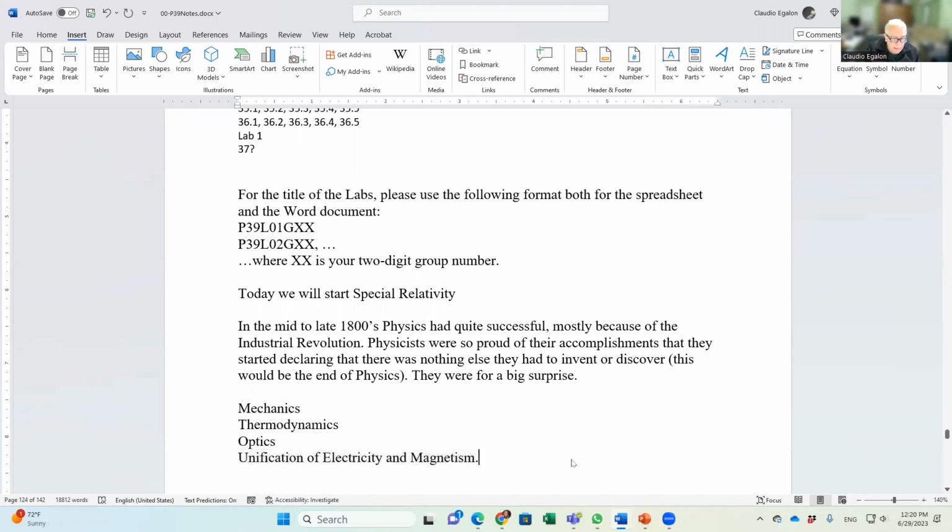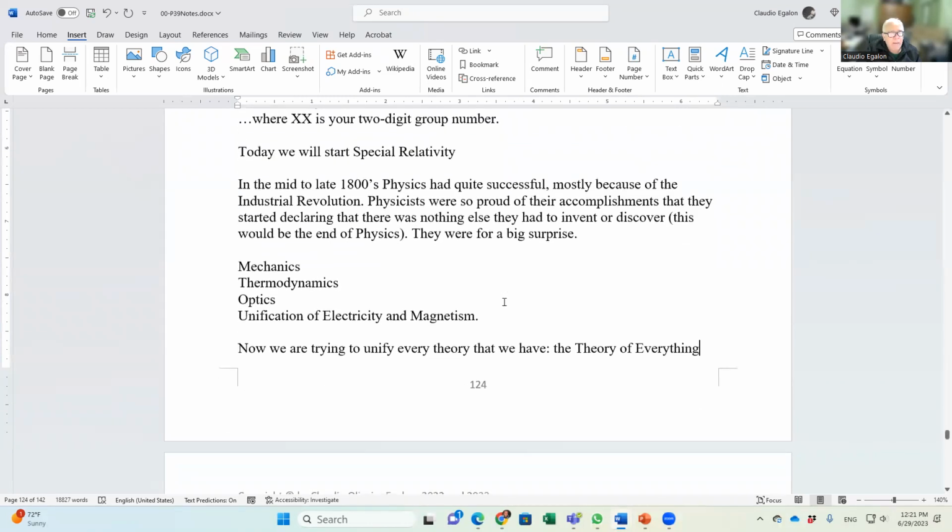And now we are trying to unify every theory that we have, the theory of everything. We're trying to combine all those laws into a single one, okay?